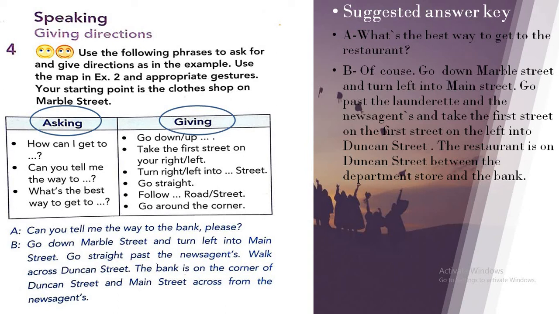Go past the laundrette and Euston's and take the first street on the left into Duncan Street. The restaurant is on Duncan Street between the department store and the bank. This is a suggested answer key. You can change the directions to get to the restaurant.